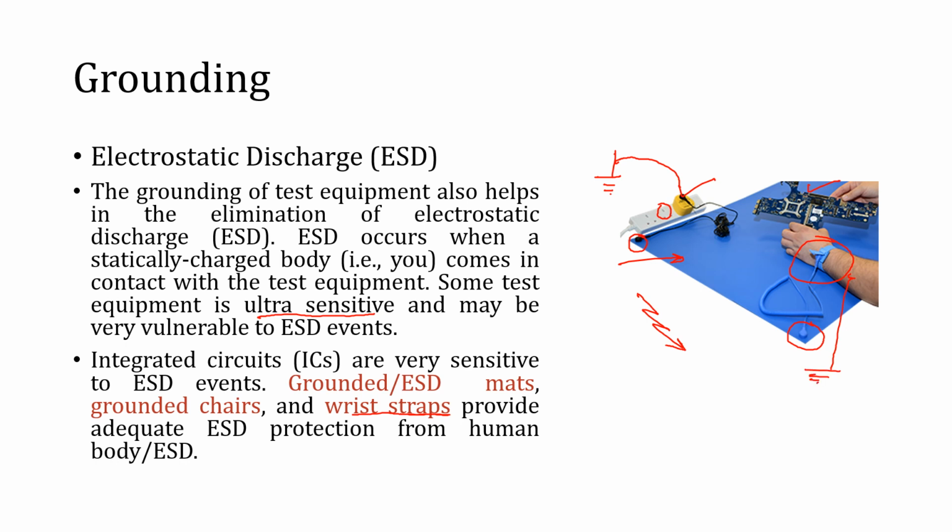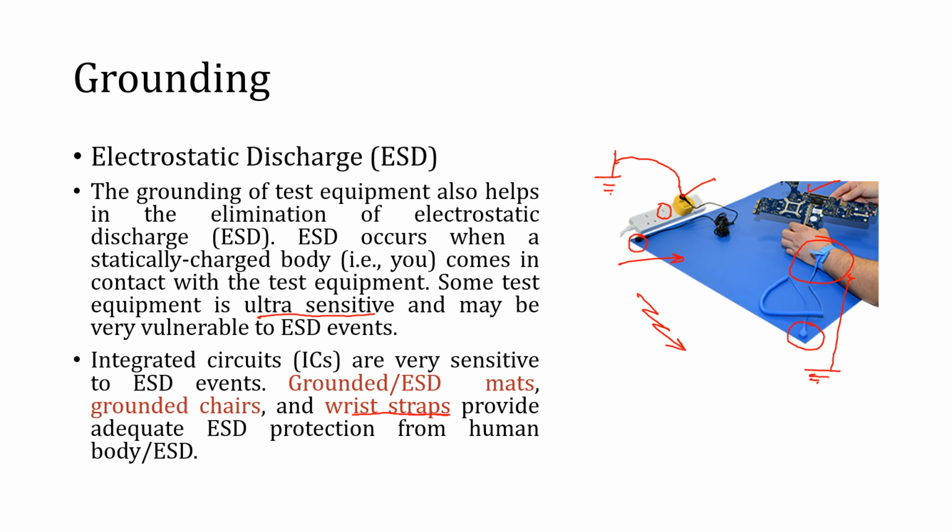So before handling such kinds of sensitive equipment, devices, sensors, transducers or ICs, we have to have these kinds of protective equipment with us. Only then can we go for the further interfacing or handling of these devices. So I hope that before today's lecture you were not so concerned with grounding and earthing, and now you can imagine how important it is.